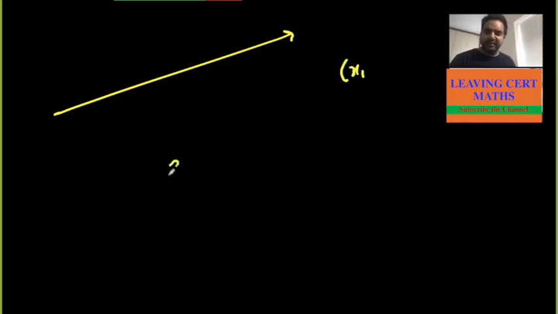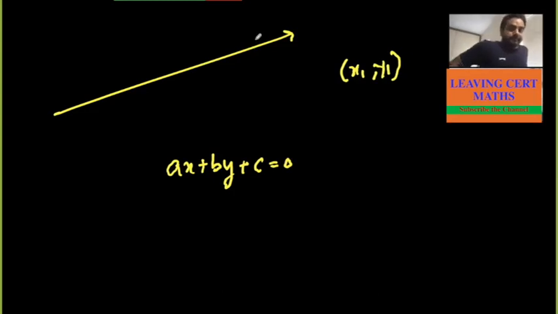Okay, we have done parallel. Now if you have a straight line, ax plus by plus c equal to 0, and I want to check whether the point x1, y1 is on the line or not, how will you check? Would you sub in x1 for x? Yes.